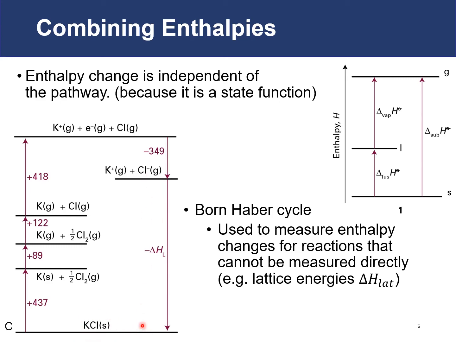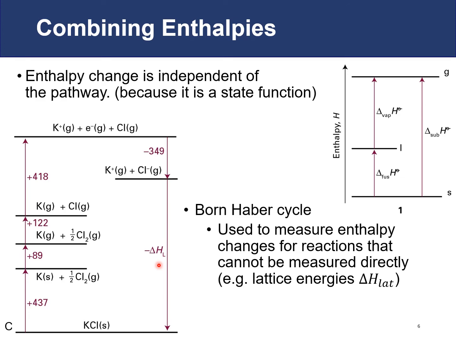That difference in energy between the two paths, going up and then down to here, versus this one-step path, allows us to know the amount of energy for forming the ionic solid from the ions in their gas phase, which is known as the lattice energy. The lattice energy itself would be very, very difficult to measure experimentally, but it is a useful number to know because it gives us an idea of how stable the crystal structure is that we're working with.